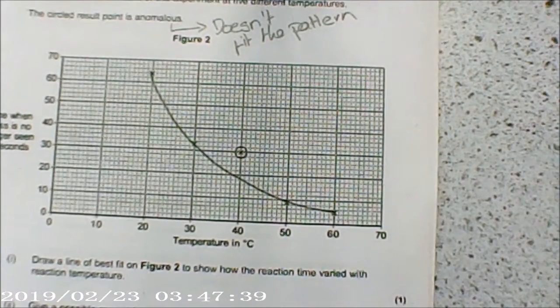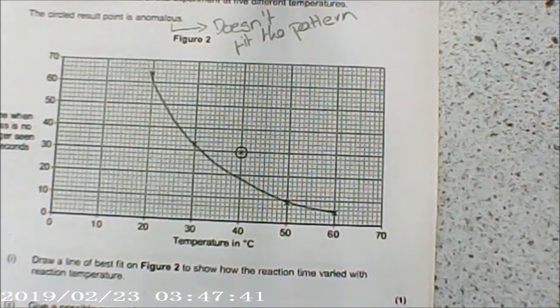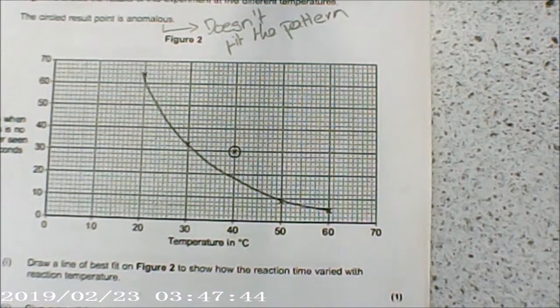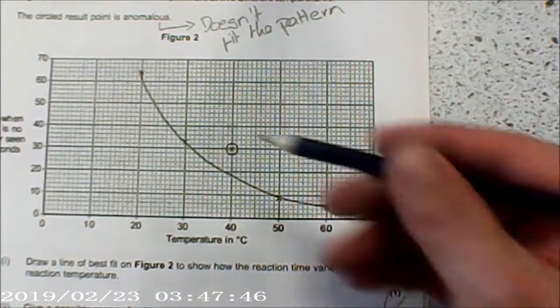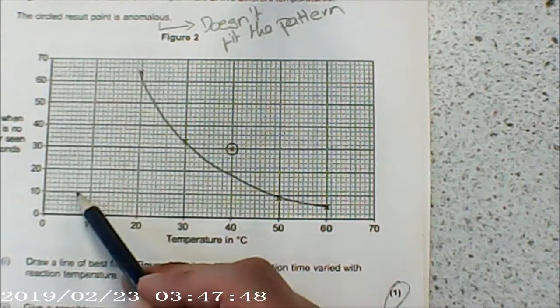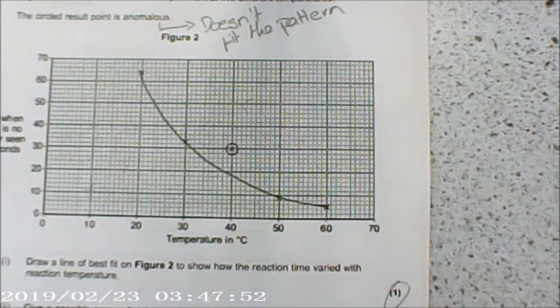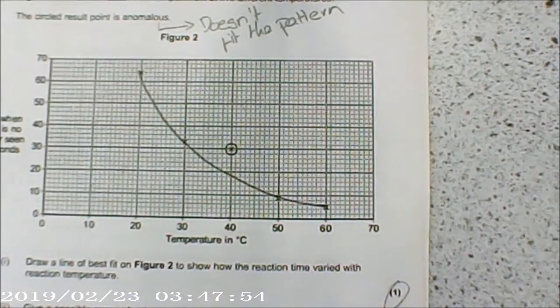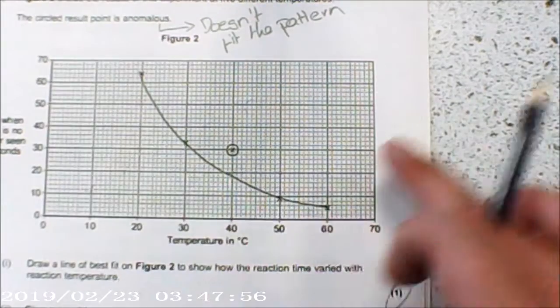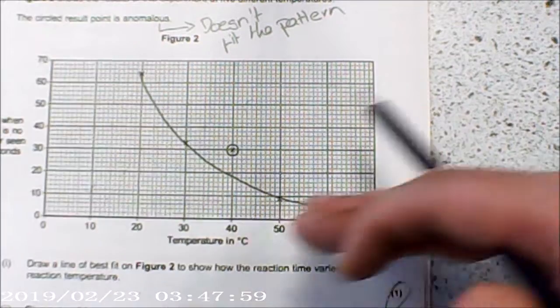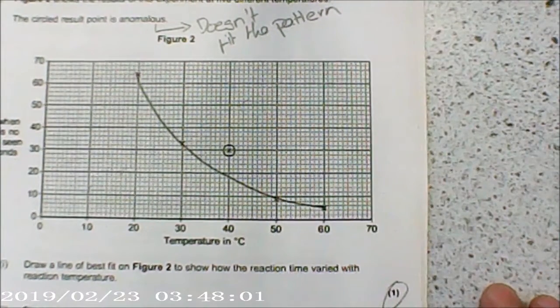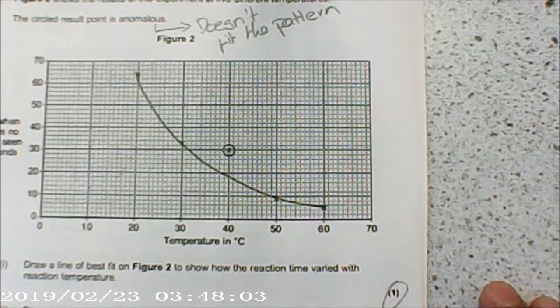You end up with a curve that looks like that. So that is worth 1 mark. Just look at the crosses. They will make it pretty straightforward. If there are crosses all in a nice straight line, that's when we grab our ruler and draw a line for that. But these go like this, so it's going to be a curve. 9 times out of 10, a rate of reaction graph will be a curve.